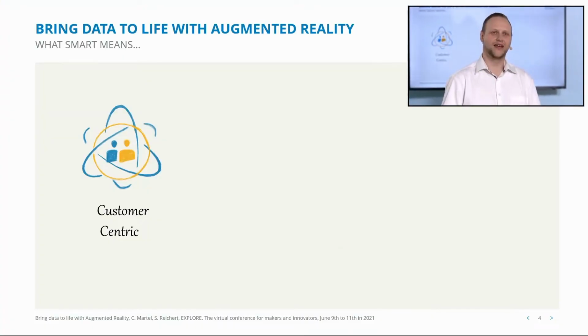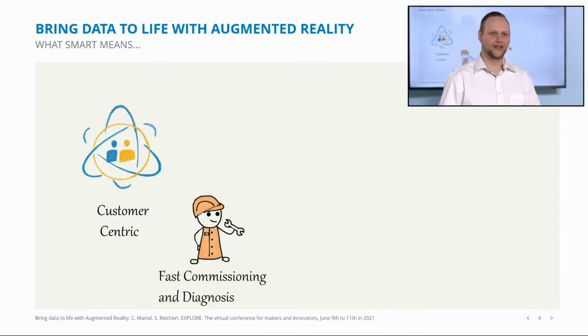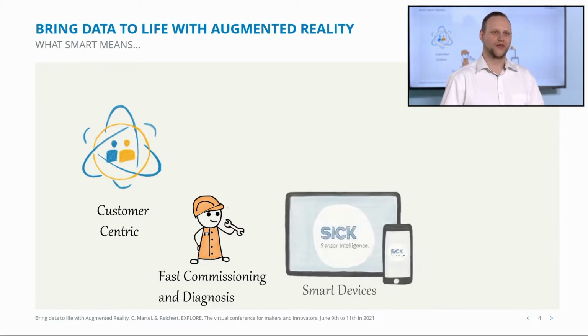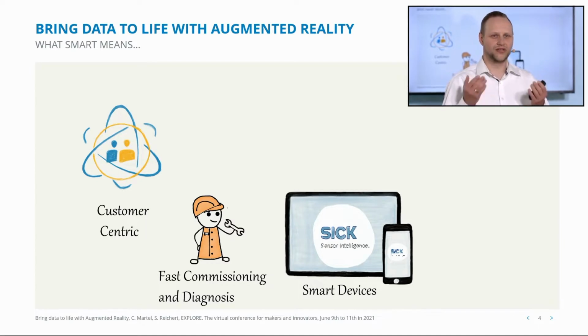So what exactly is Smart? First of all, Smart is designed for you. It fits right into your hands, and it's customized directly for you. The second thing is that it's especially designed for fast commissioning and diagnosis. The third one is that you don't need additional hardware. It runs on your smart device like smartphones or tablets.